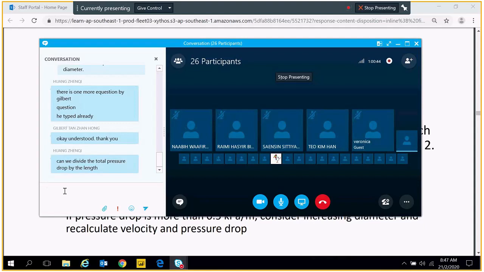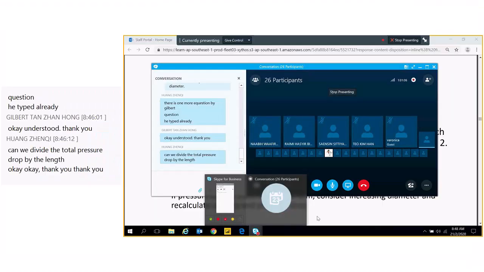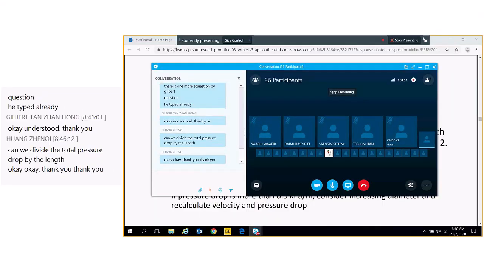Secondly, the velocity is constant, with the same temperature and pressure for the fluid throughout. And thirdly, the same material. If it's carbon steel, it's carbon steel for 200 meters. This is what happened in the mid-semester test. Some of you were penalized because you did not state the assumptions.